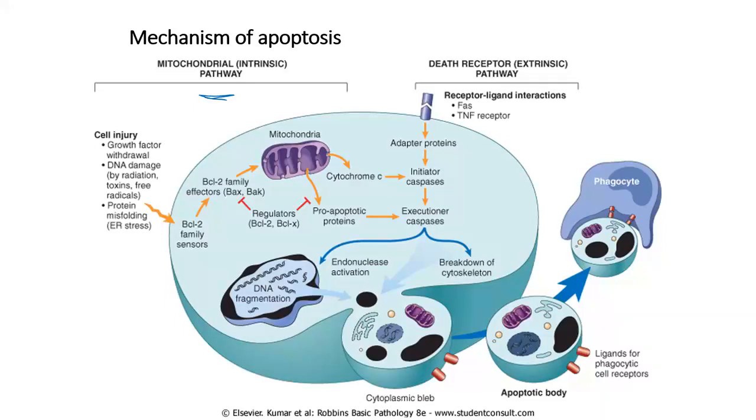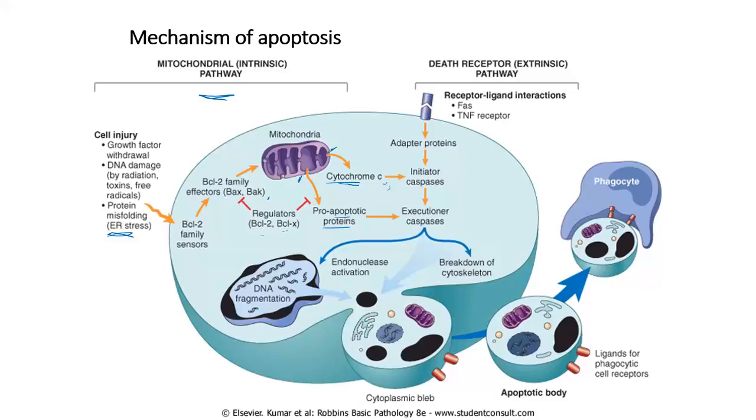This diagram summarizes what we have said as the mechanism of apoptosis. We have the mitochondrial or the intrinsic pathway, which is responsible for most cases of apoptosis. This is activated by growth factor withdrawal, DNA damage, or protein misfolding, endoplasmic reticulum stress, and this will lead to activation of the BCL2 family pro-apoptotic proteins Bax and Bak, and inhibition of the BCL2 and BCLXL.